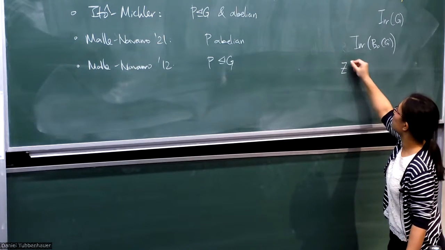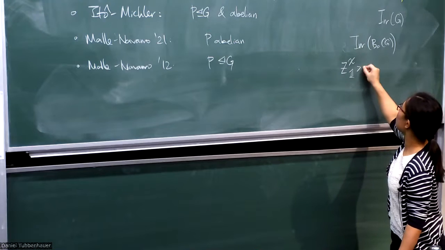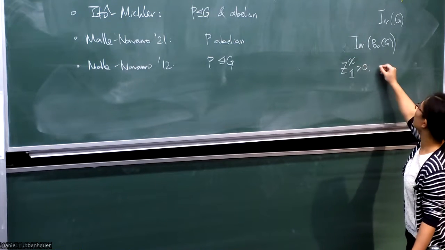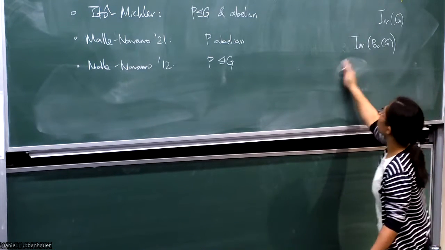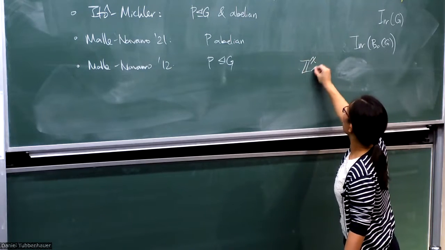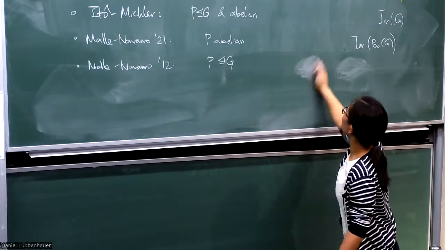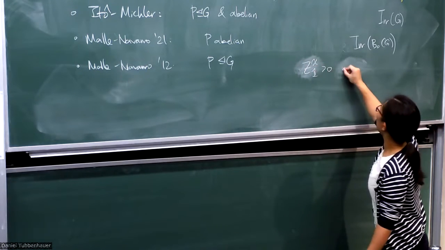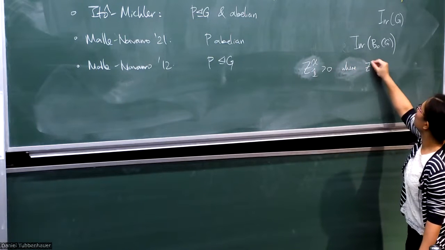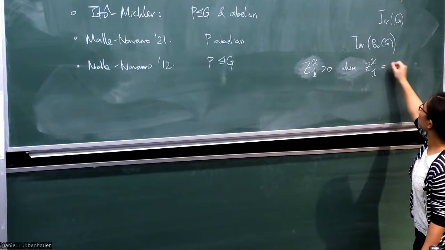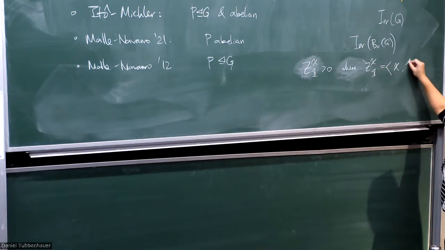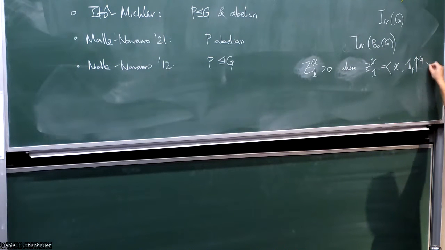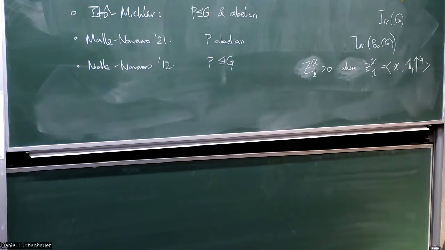Z chi(1) is positive, where this is simply the multiplicity with which we see chi as an irreducible constituent of this permutation character here, the trivial character induced up.